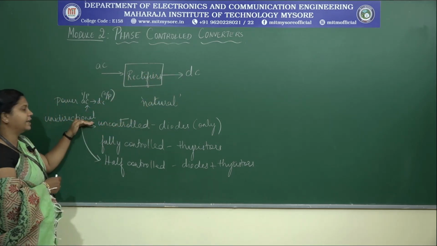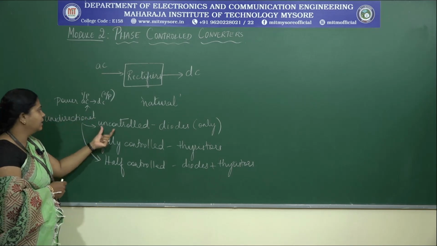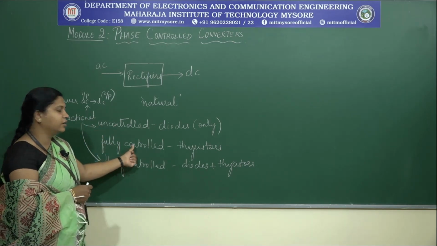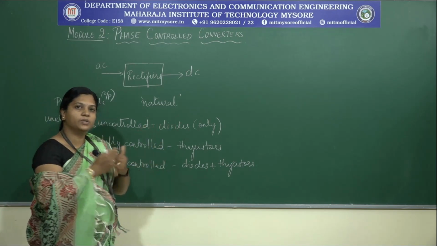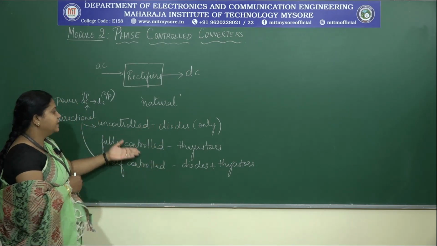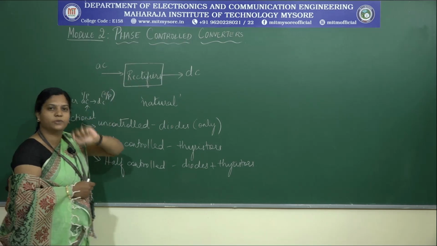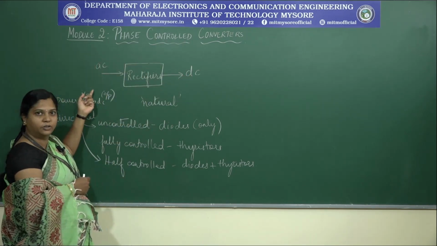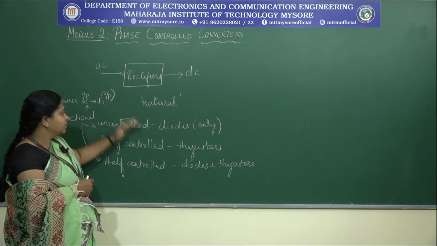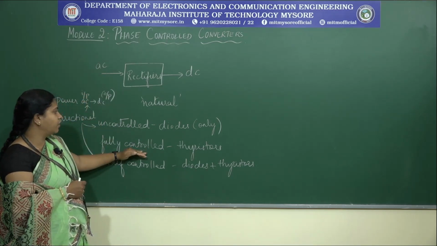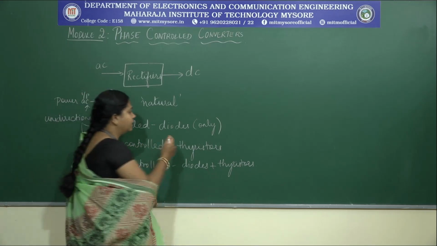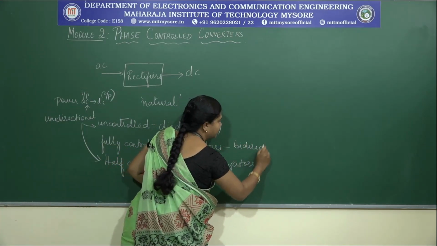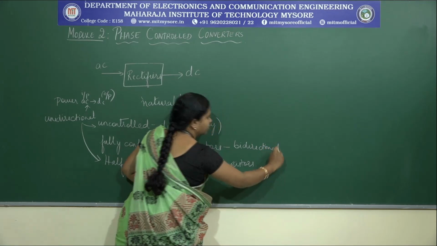So unidirectional rectifiers are uncontrolled and half controlled, whereas in fully controlled rectifiers we will be using two thyristors such that at one switching point we allow the DC to flow back to AC. Only in such a case is it known as a bidirectional converter.